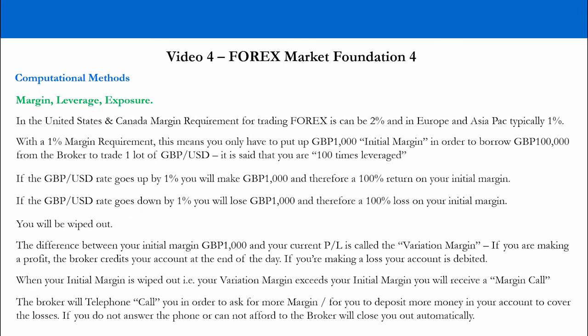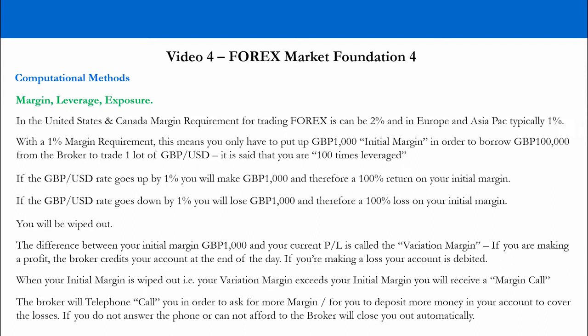When we look at margin leverage and exposure across the globe, in the US and Canada, a margin requirement for trading Forex can be as low as 2%, but it varies massively across the States and Canada, dependent on the broker. I've seen margin requirements in Forex as high as 30% in the US and Canada, and as low as 2%.